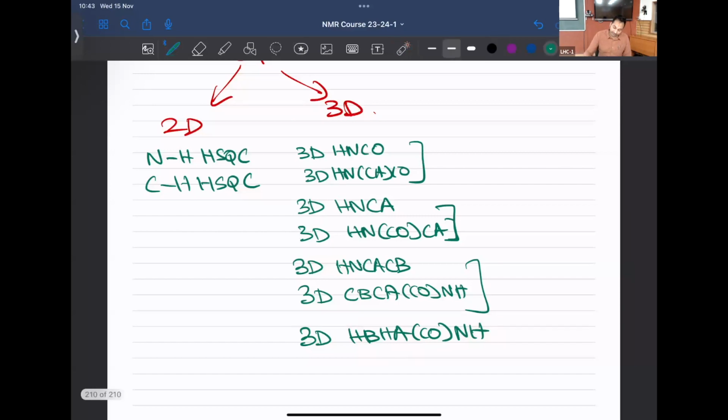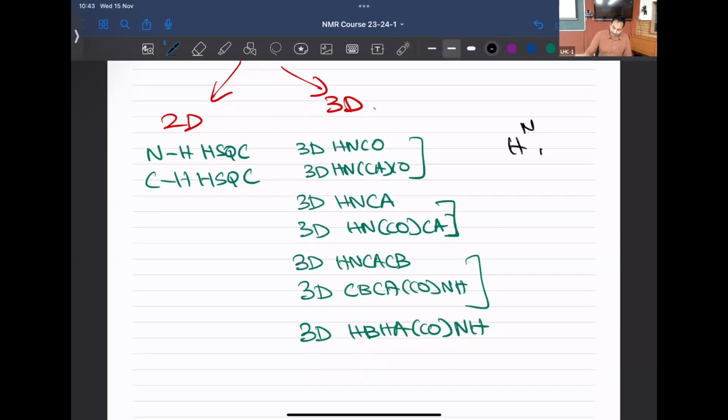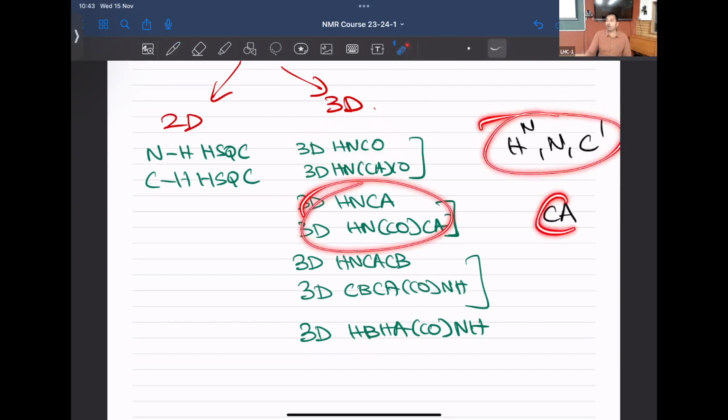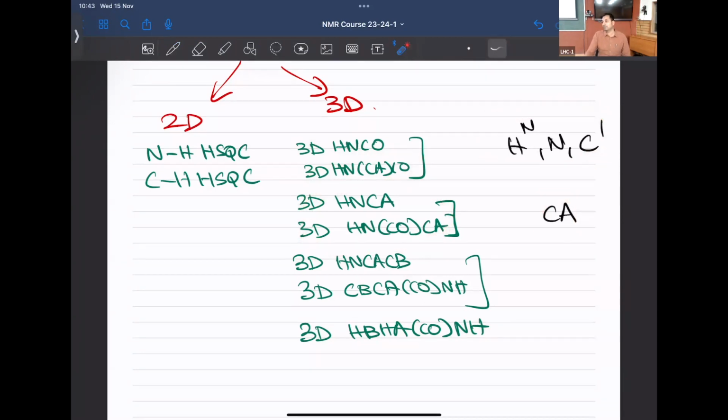The first set of experiments should give you HN, nitrogen, and C prime of I-1. Actually, I and I-1, because you are able to do the sequential assignments through these two experiments. In the case that you are not able to bridge the gap completely, this experiment, in addition to giving all this, will also give you C alpha.